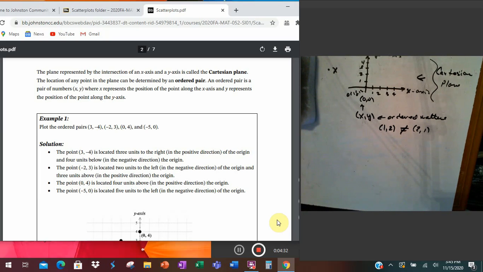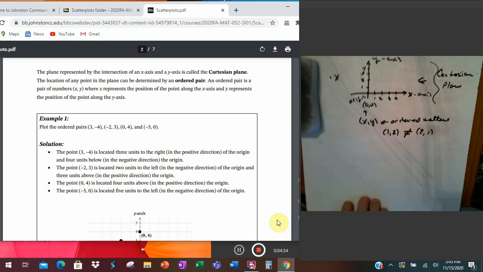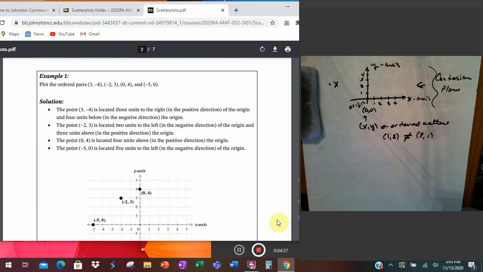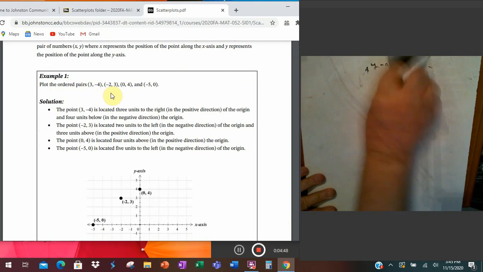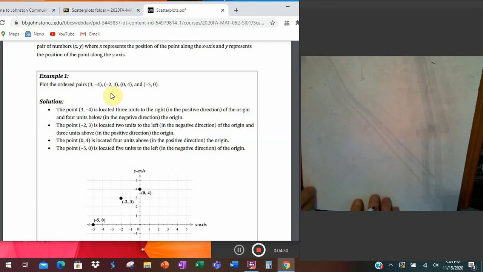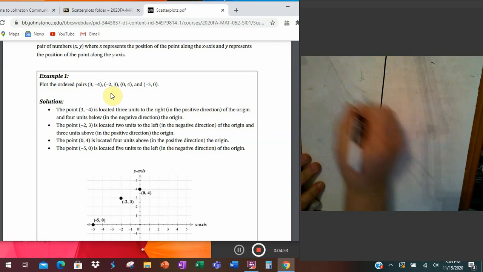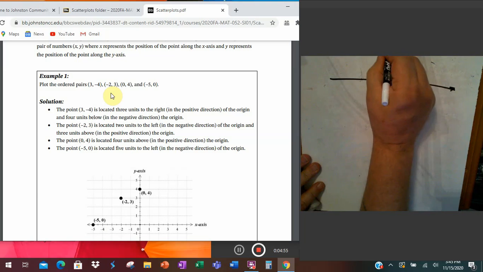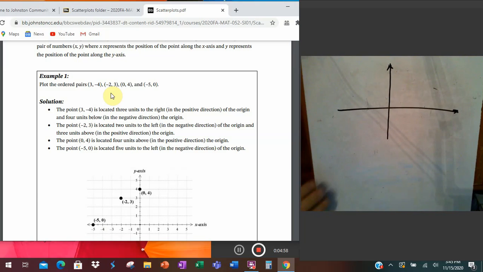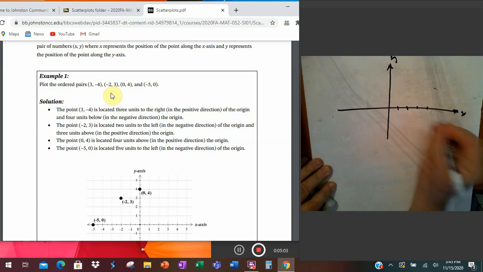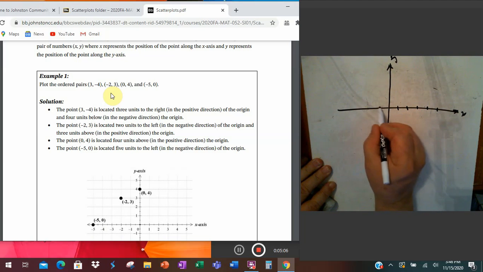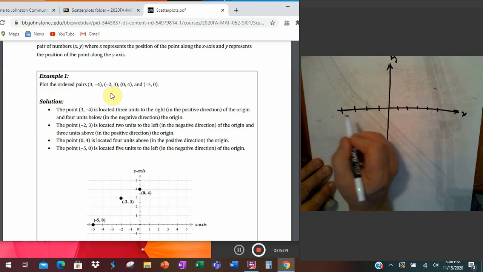So let's take a look and see how we can go through and plot some things. Let me see if mine will work since I've already got that up there. And here in example 1, it says plot the ordered pairs (3, -4), (-2, 3). So I stopped basically on here, but this thing can go on. So let me give a little wider version of where we're going because we're going to need some wider values. So here and here, there's my X, there's my Y, X, Y, 1, 2, 3, 4, 5, and this way -1, -2, -3, -4.